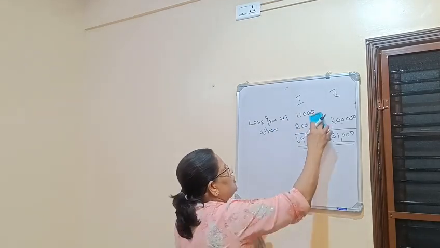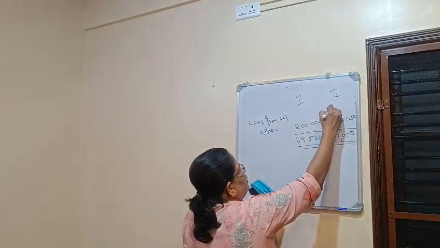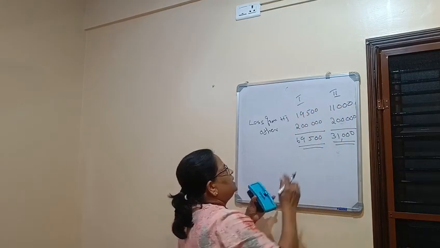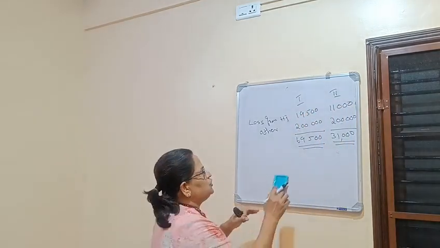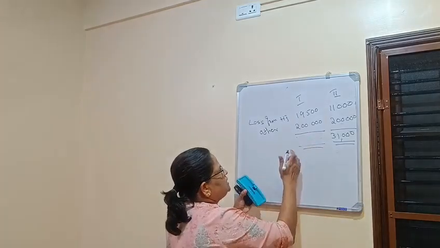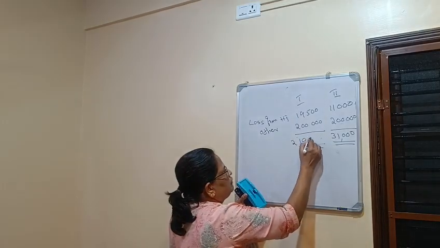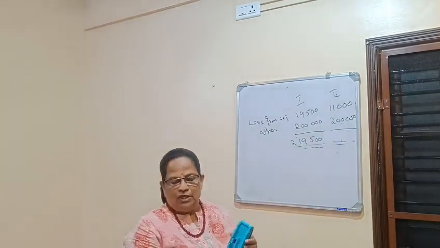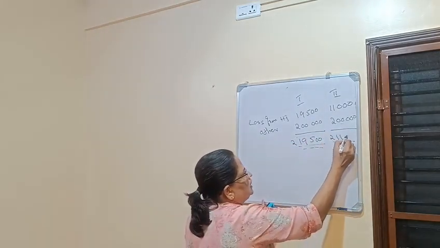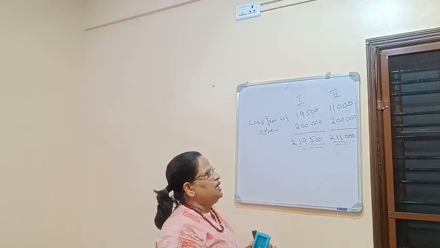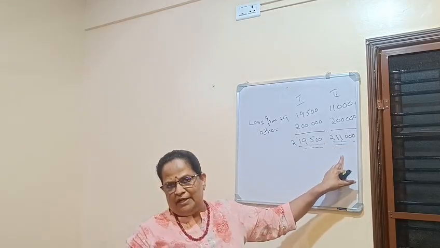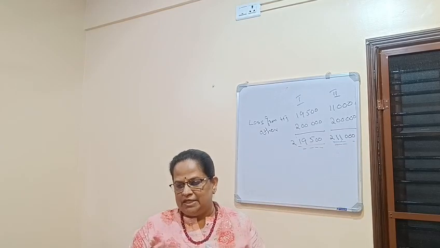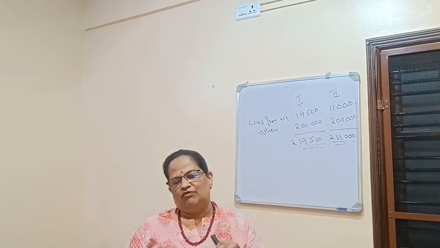First option is 19,500. So total is 2,19,500. Profit, here it is 2,11,000. So which option? Here also the least taxable income is for the second option. That is, first house is treated as let out and second house is treated as self-occupied.